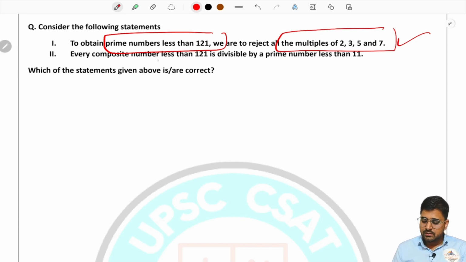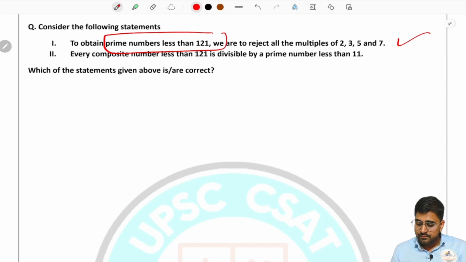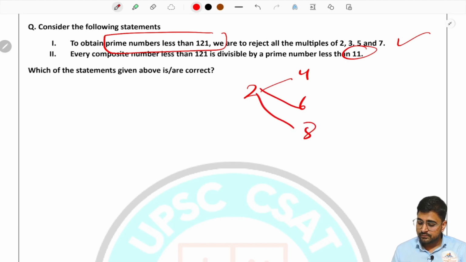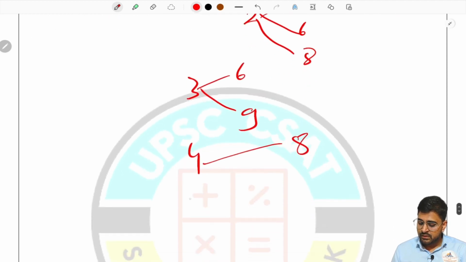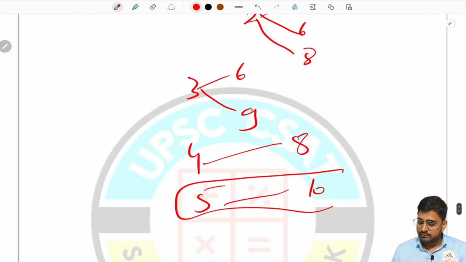Every composite number less than 121 is divisible by a prime number less than 11. Yes, the same explanation applies. 2 is multiplied to give 4, 6, 8. 3 is multiplied to give 6, 9. 4 is multiplied to give 8. 5 is multiplied to give 10.